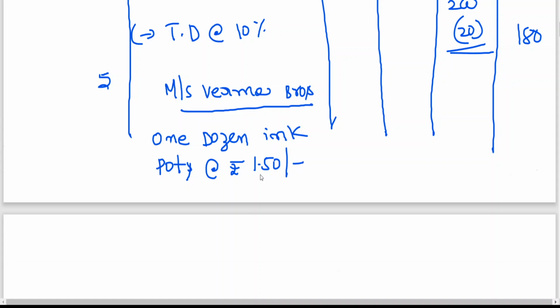So 12 into 1 rupee 50 NP is coming to 18 rupees.